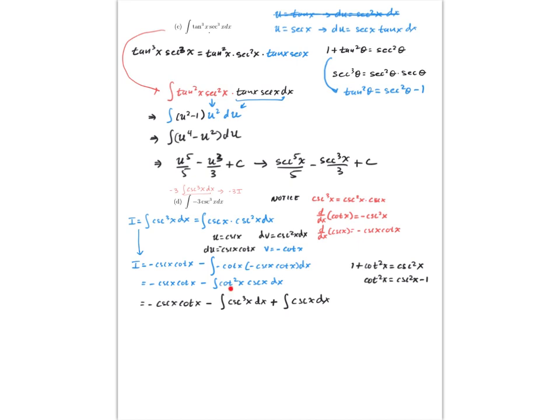Again, to get from here to here, cotangent squared is this, so you multiply this by cosecant, you end up with cosecant cubed, and multiply by cosecant, you end up with cosecant here.